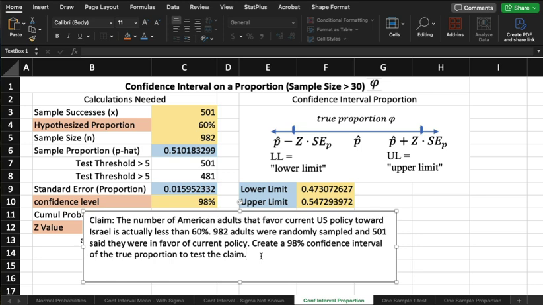We're testing that claim. So since 60% is outside the confidence interval, we have sufficient evidence to support the claim.